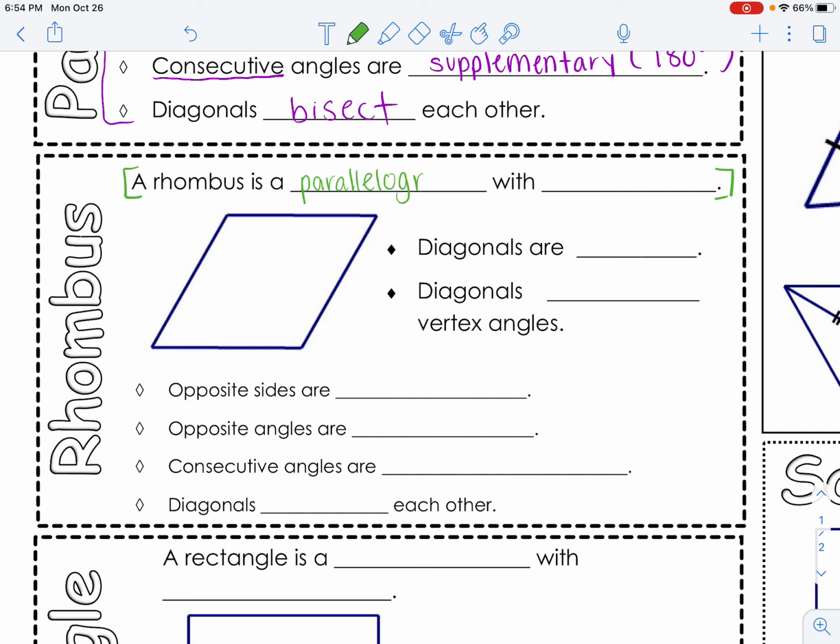So if it is a parallelogram, what does that mean? That means its opposite sides are parallel, right? So because it's a parallelogram, I can say its opposite sides are parallel. But now we're a little bit more specific. A rhombus is a parallelogram with four congruent sides.